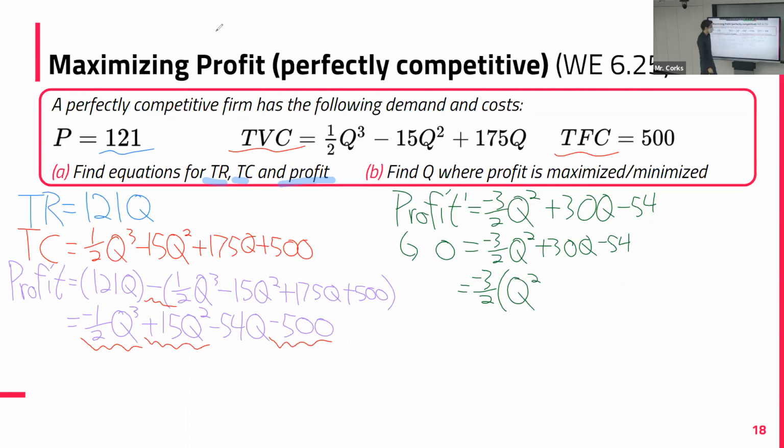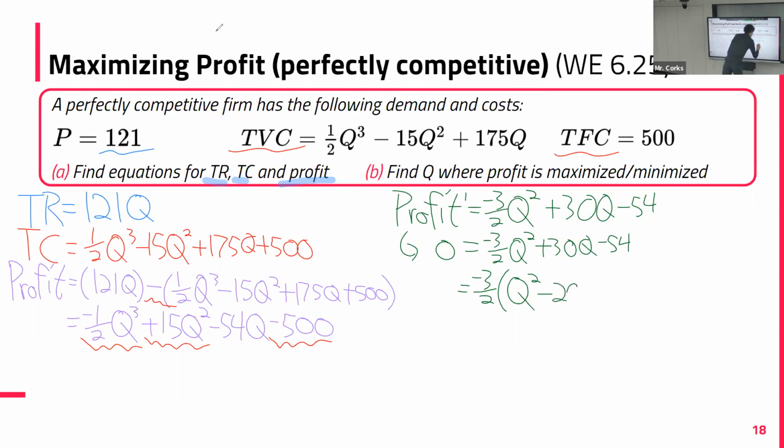What will my other terms be if we take out this factor of -3/2? Basically, we are dividing by -1.5 or multiplying by -2/3. We have this factor 3/2, so we do the opposite. Okay, so what will our next term be? Minus 20Q.